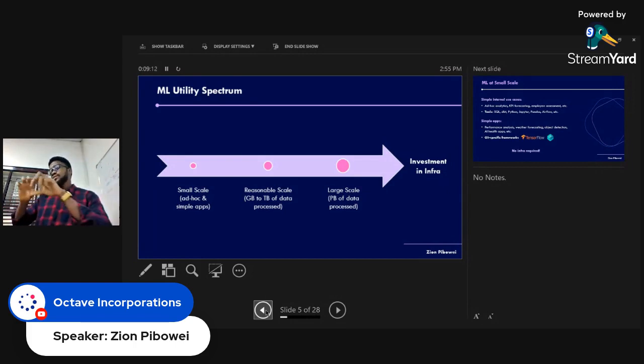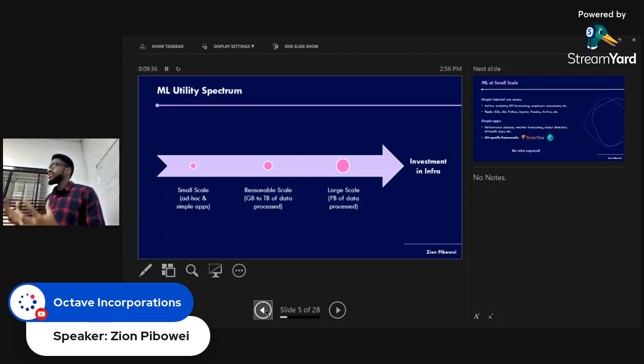Now, as the scale of data and the utility of data grow, so does the investment in the infrastructure for housing and maintaining the models on top of that data. It scales in proportion. For small scale, you can use very little Amazon credits to deploy your models in the cloud.